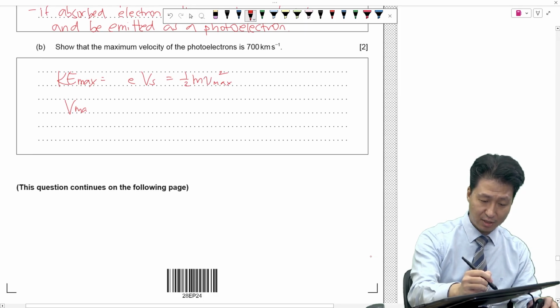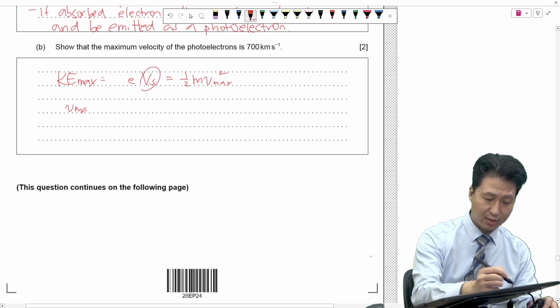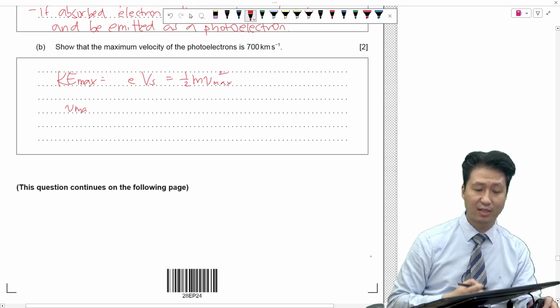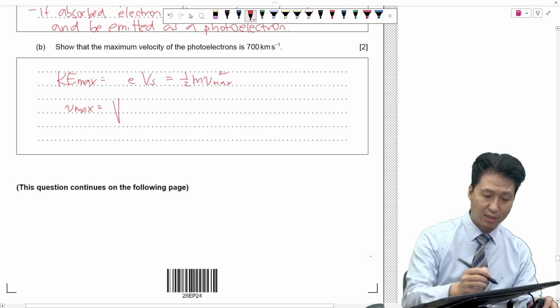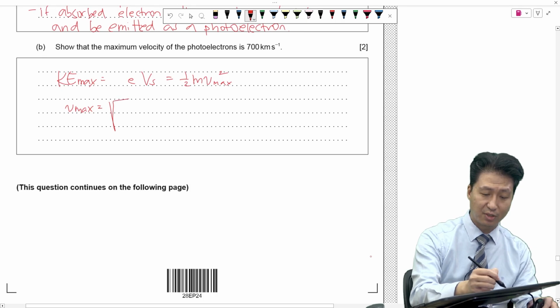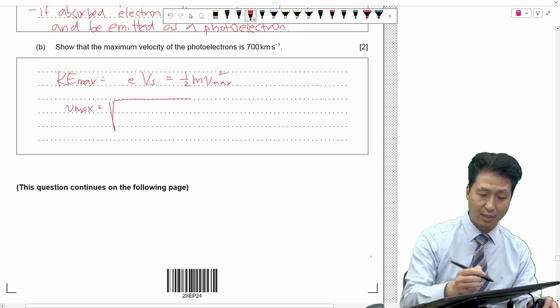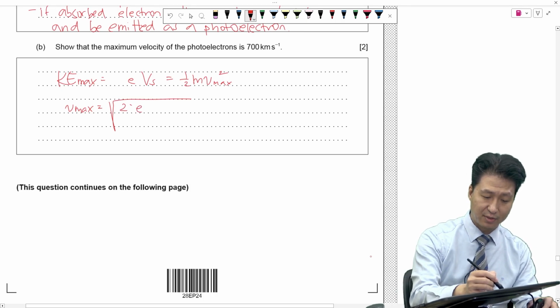The maximum velocity will be the square root of 2 times the charge of an electron times the stopping voltage divided by the mass of the electron.